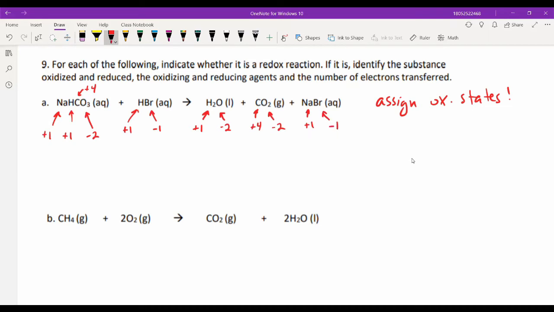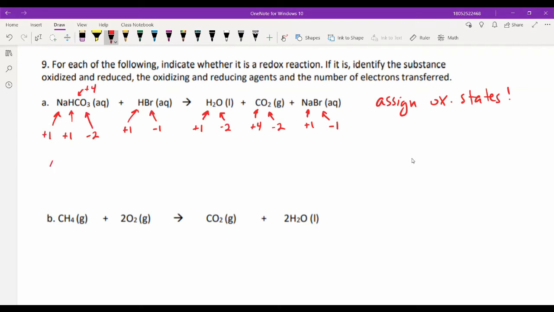Okay. So we have these oxidation states assigned for these elements in all these compounds in this reaction, and we want to see if they change. So just start comparing. Sodium is +1 on each side. Hydrogen's the same. Carbon's +4, over here it's +4. Bromide's the same. Oxygen's the same.